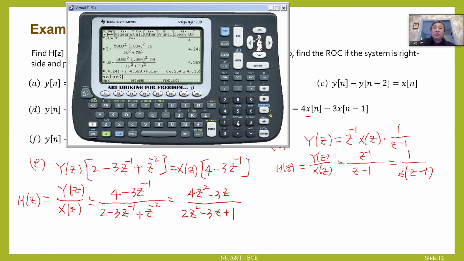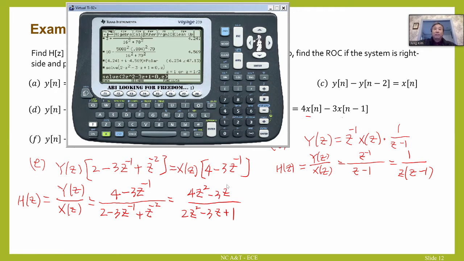Okay, so 2g squared minus 3g plus 1 equals 0. Oh yeah, this is not complex valued.